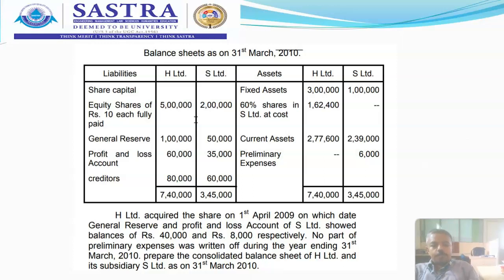Now from the balance sheet, take the items belonging to capital reserve, capital profit. So what is capital profit? Let me draw your attention towards this. We already discussed in the previous lecture in the introduction about the capital profit and revenue profit.